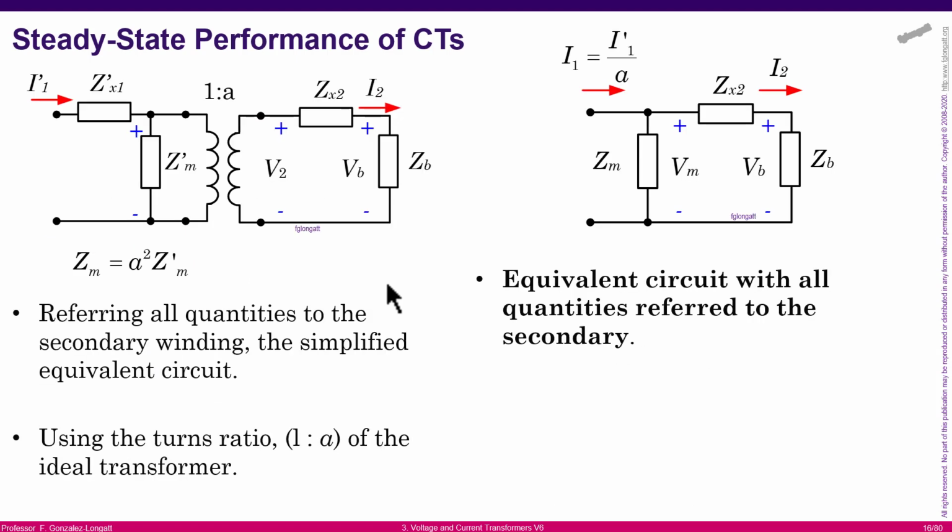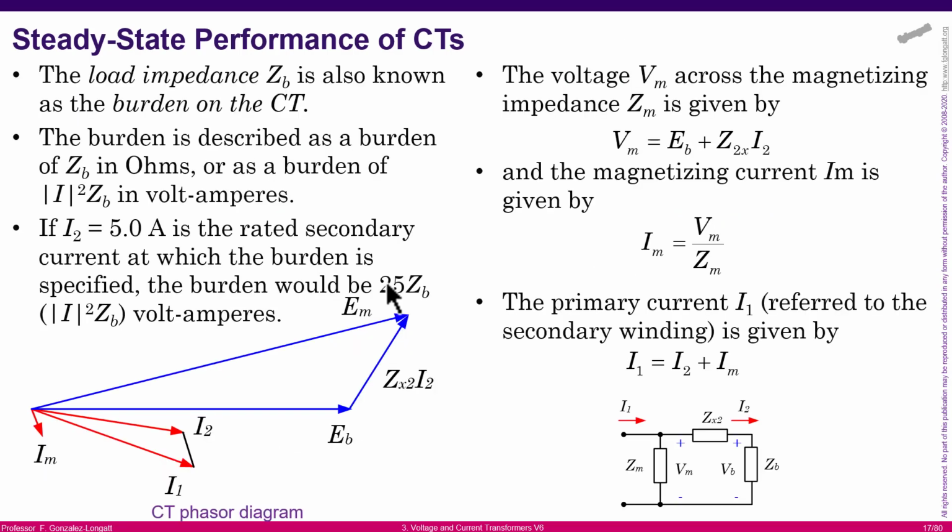What we have done is use just the basic theory about two-winding transformers, and we convert the equivalent model into a simplified model where all the quantities are referred to the secondary. Okay, the idea is make the calculation extremely simple and easy to see.